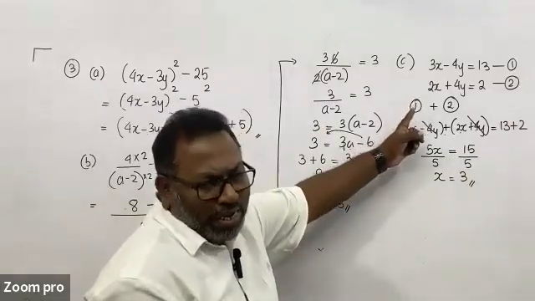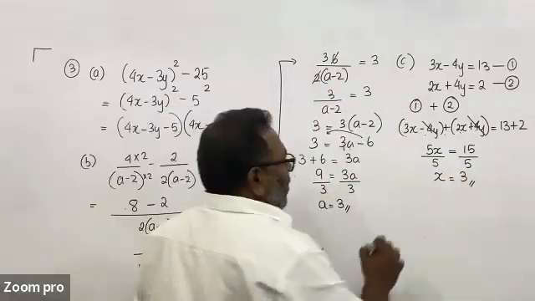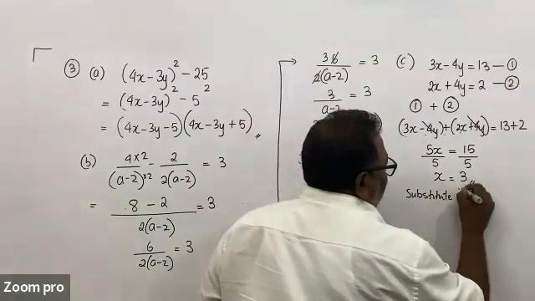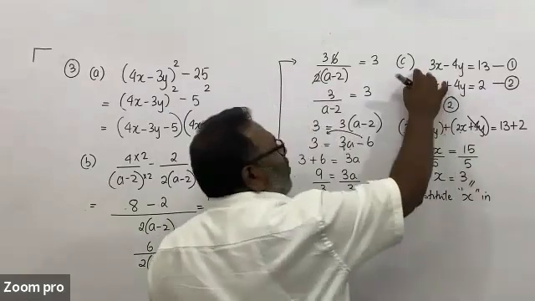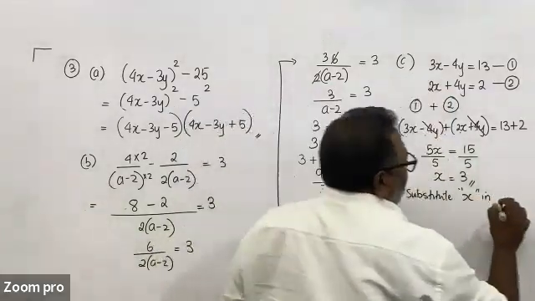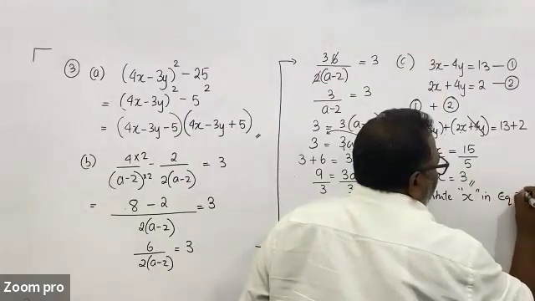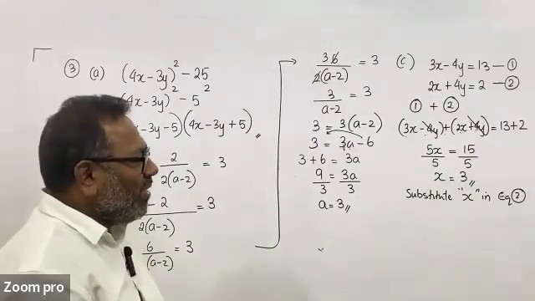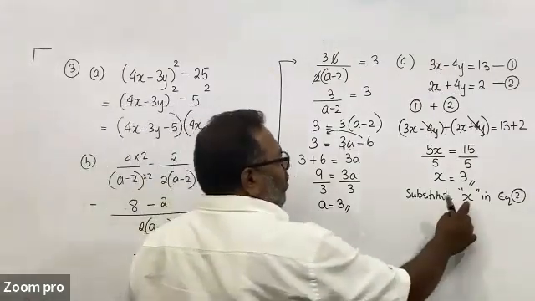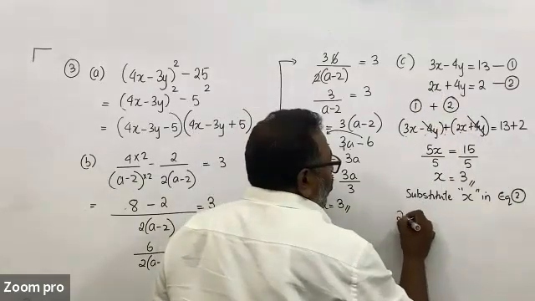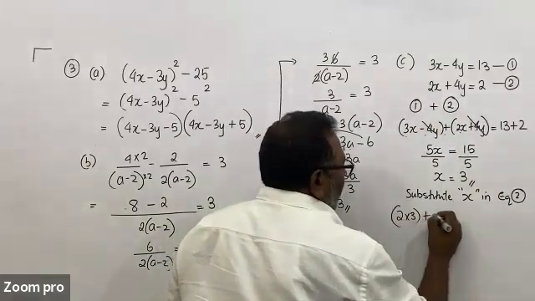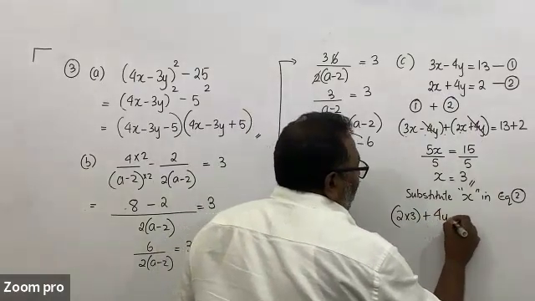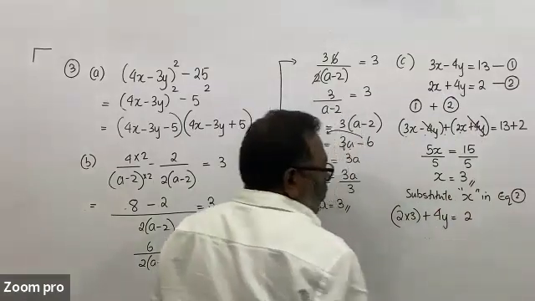Now we need to find out y. So substitute x in one of these two equations. We'll substitute into equation 2, the main reason being that it is in plus. We don't want to work with negatives. It's a headache. So 2 into 3 plus 4y is equal to 2.